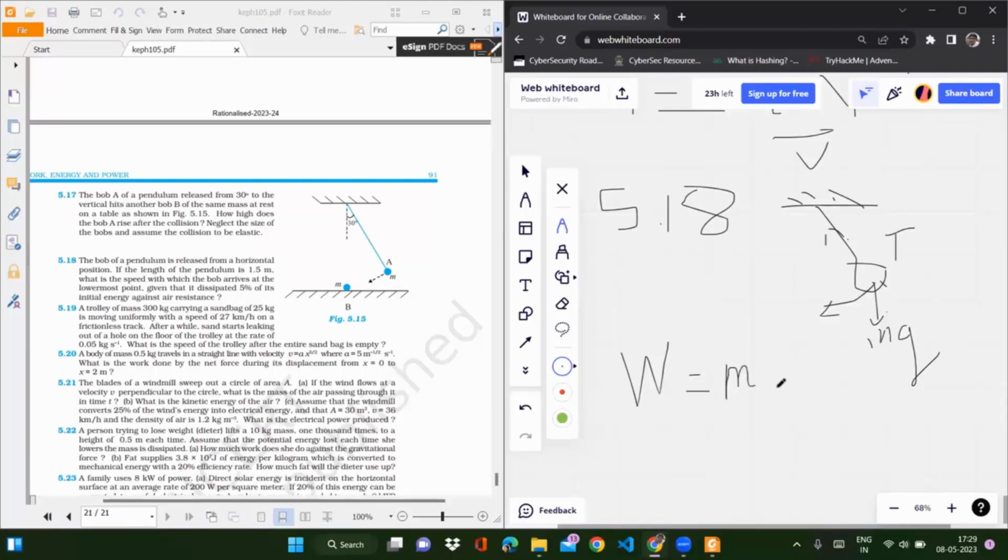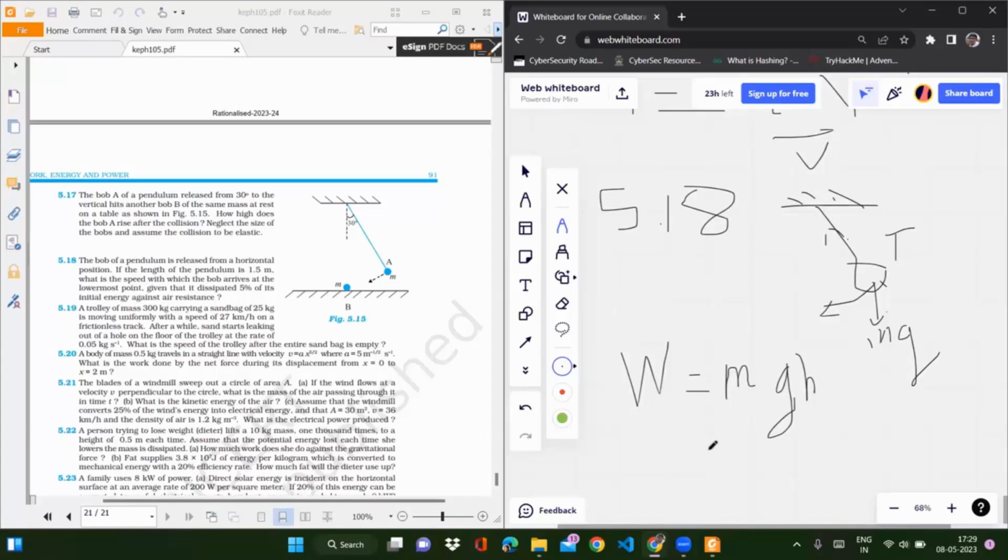But it is also given that there is some resistive force, that means air resistance is there, and it dissipated 5% of its initial energy. So this potential energy which it had, when it comes to the lowermost point, we know that h is zero, so the potential energy will be zero.